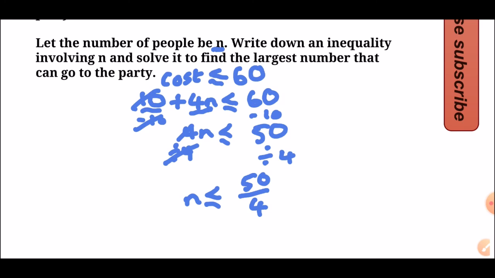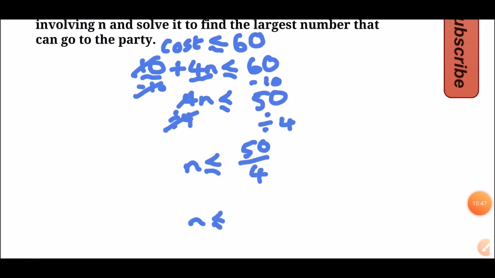So how many 4s go into 50? That might be a bit tricky, so another thing we could do is simplify this fraction. 50 over 4, they're both even numbers, so we can halve the top and the bottom, giving us 25 over 2.